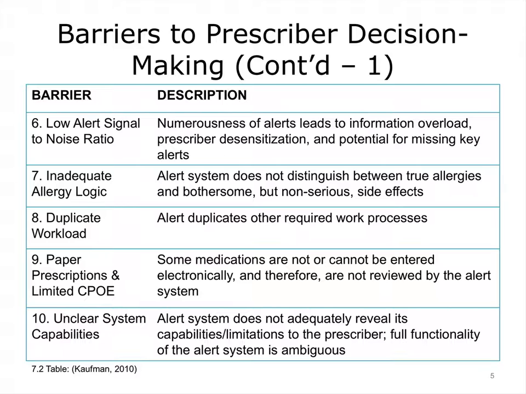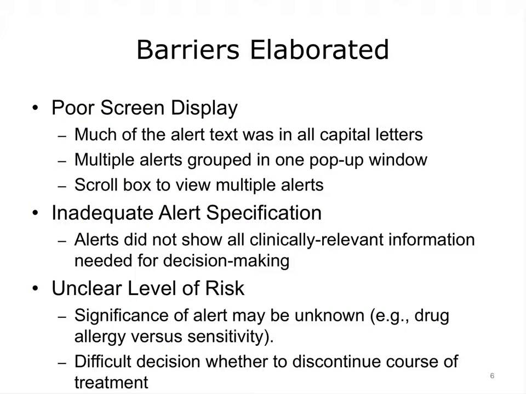In the system evaluated by Russ and colleagues, they found that poor screen display was evidenced by poorly presented alert text, the haphazard grouping of multiple alerts in a single pop-up window, and the need for scrolling to see a series of alerts. Inadequate alert specification occurred when alerts did not show all clinically relevant information needed for decision making.